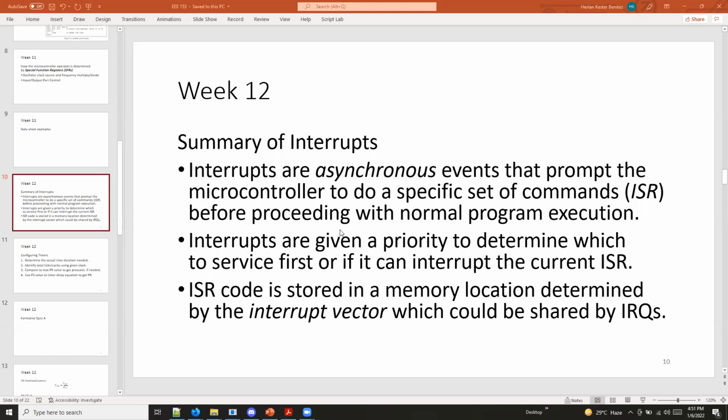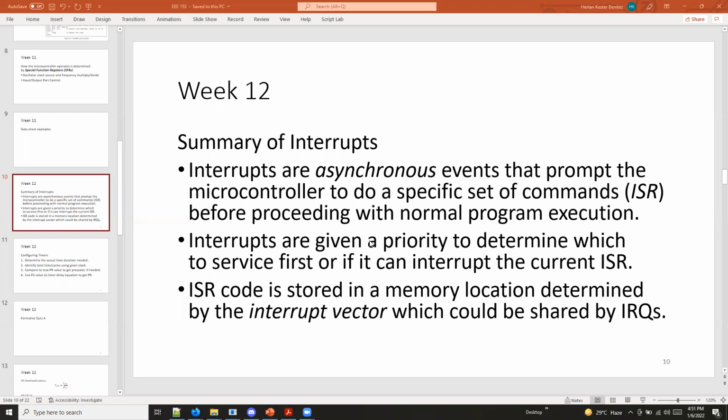For interrupts, multiple interrupts can occur at the same time. Priority is what we follow to know which interrupt to pay attention to first. Interrupts can also interrupt other interrupts, and that is called interrupt nesting.